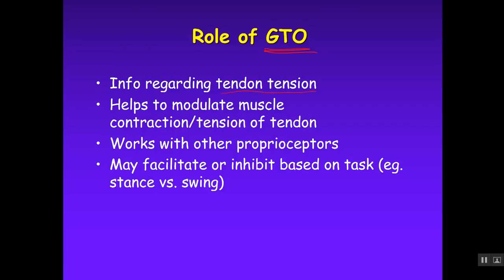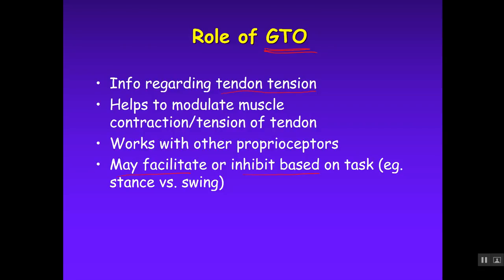And what that does is, once you then stop that contraction, you do get some reflex inhibition of muscles in that area that's temporary that you can take advantage of. But it's not a pure GTO thing. It's just some probably reflex inhibition that goes on at that motor unit level based on all the massive afferent information that bombards it at one time. It kind of habituates to that afferent information, then turns itself down a little bit for a temporary period of time. Like I said, it may facilitate or inhibit depending on the task.